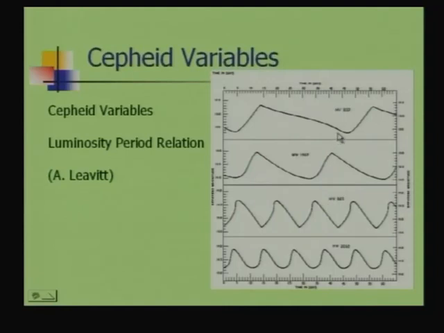Now, it was discovered by Antonietta Leavitt that there is a luminosity period relation. The period at which the luminosity changes is not something random. It has a definite relation with the luminosity of the star. So this is called the luminosity period relation.